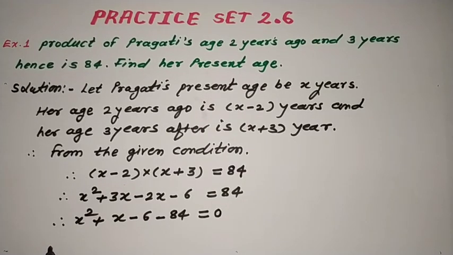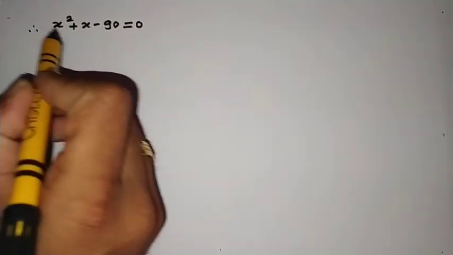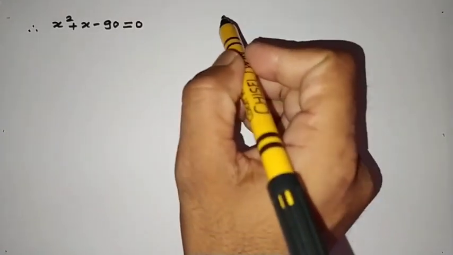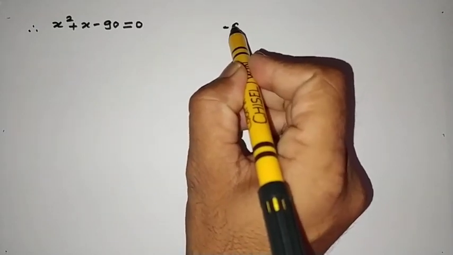Therefore, x square plus x minus 6 minus 84 is equal to minus 90, is equal to 0. So x square plus x minus 90 is equal to 0. Solve this equation using the factorization method.